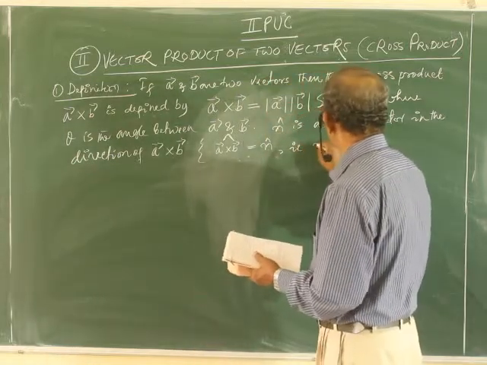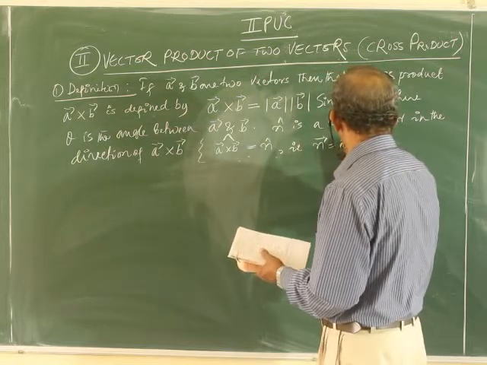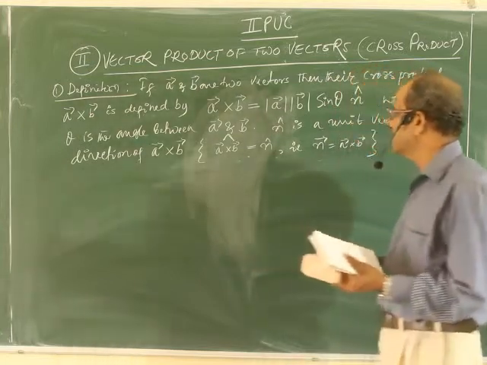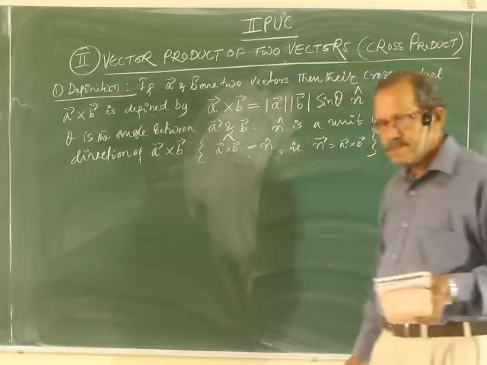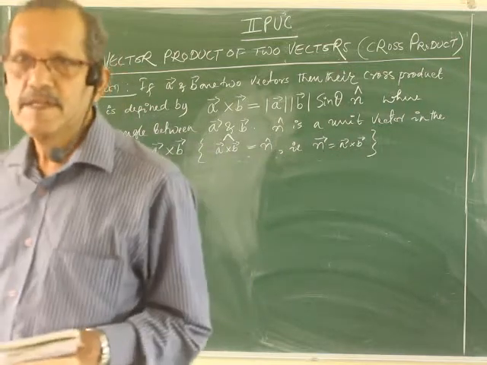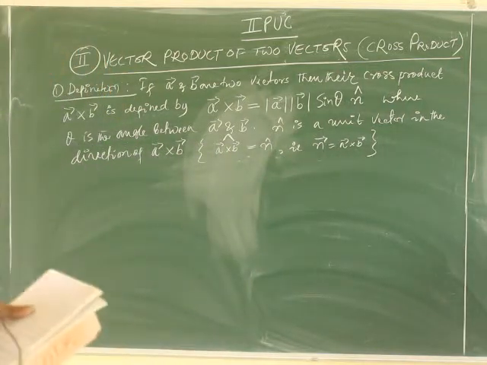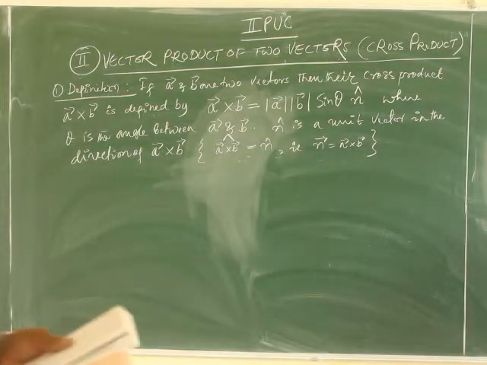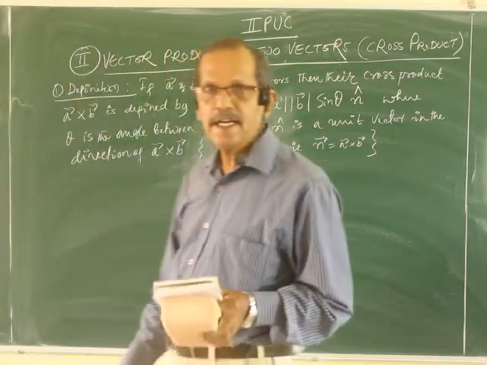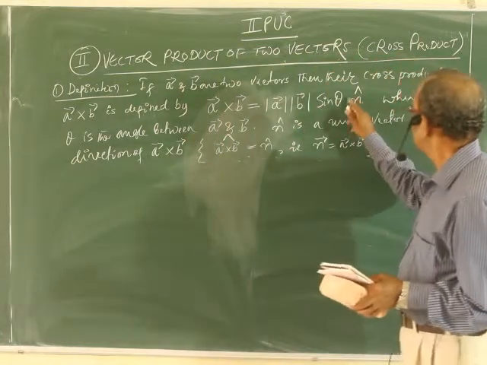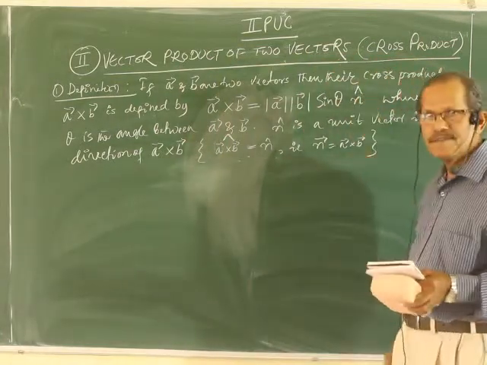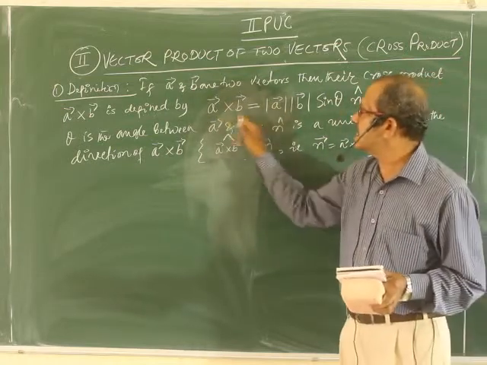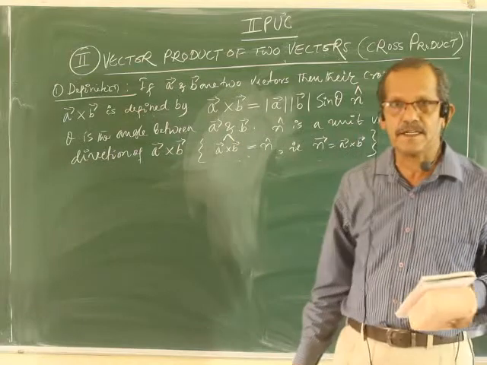That is n equal to A cross B. Vector n is A cross B. N cap is the unit vector in the direction of A cross B. Instead of writing A cross B cap, I have taken n cap, the unit vector in the direction of n.